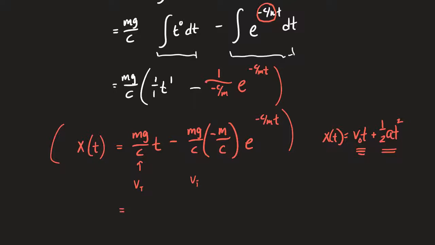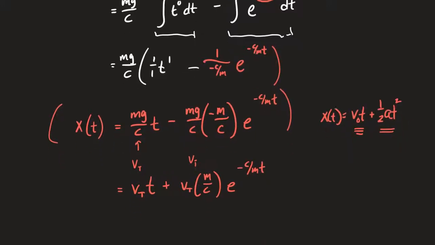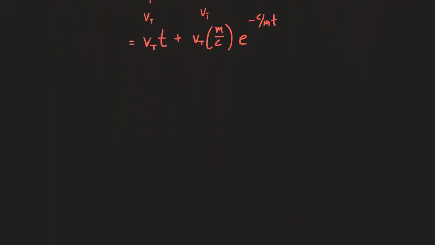If you rewrite this, as complicated as this looks, I've got a part that exists if there's no acceleration, and a part that exists because of the acceleration.